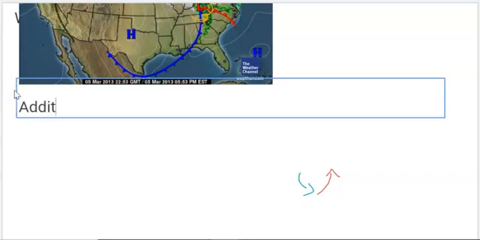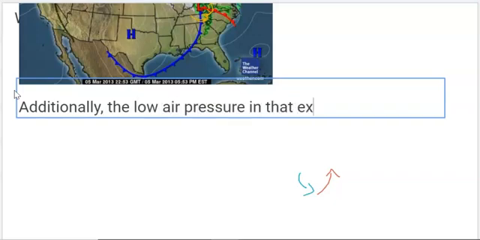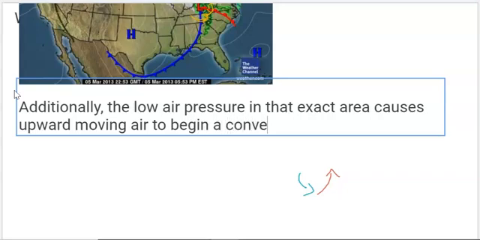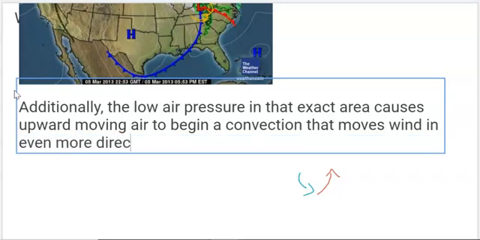All right. Additionally, the low air pressure in that exact area causes upward moving air to begin a convection current that moves wind in even more directions.